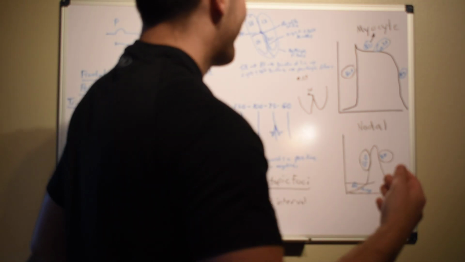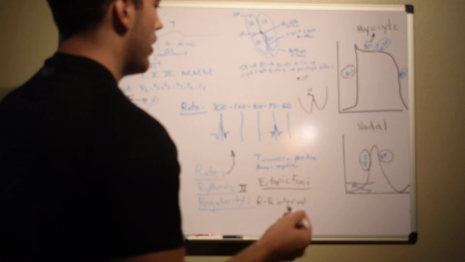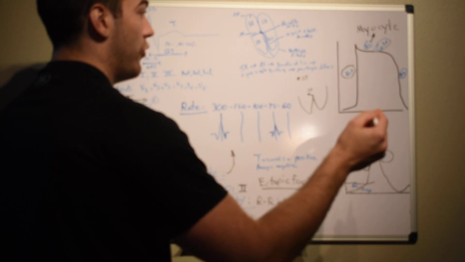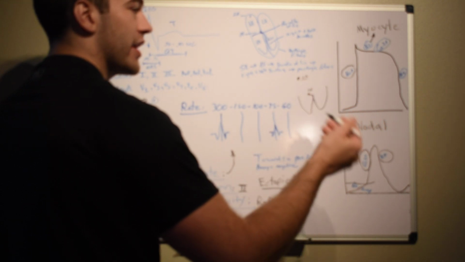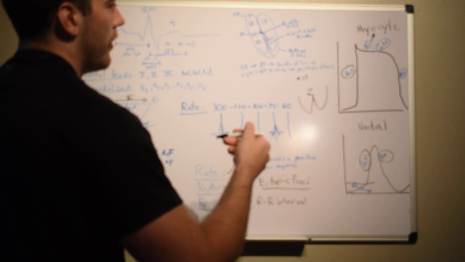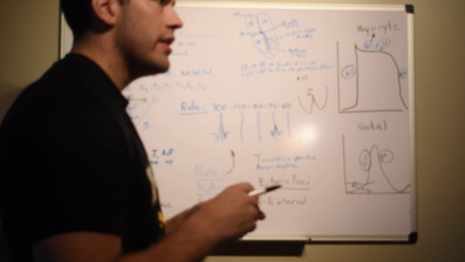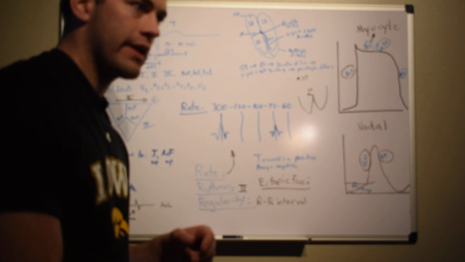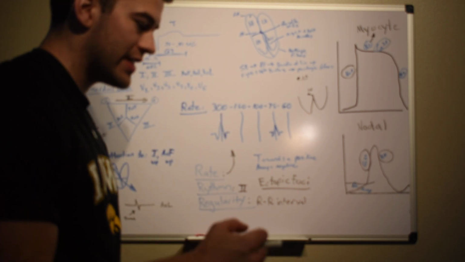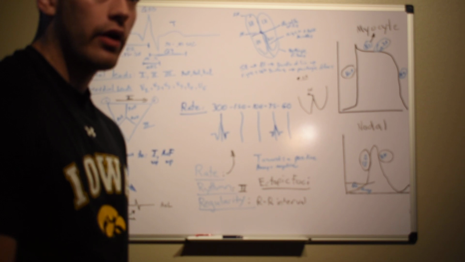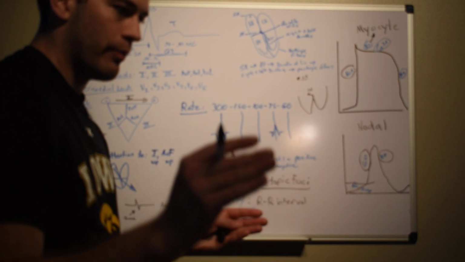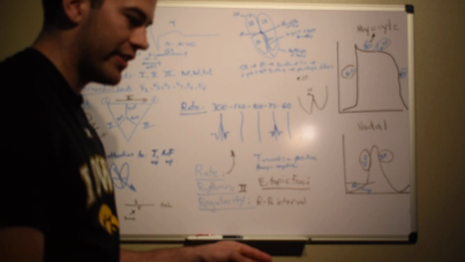Now when the SA node, since it's a nodal cell, fires off one of the action potentials, where's it going to go? So the key to understanding this is, in the atria, when we put a shock down on something, like if we were going to stick an electrode in a puddle of water, who would get shocked first? The person standing on this side or the person standing on this side?